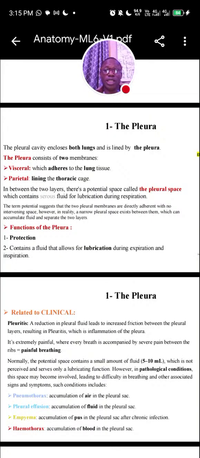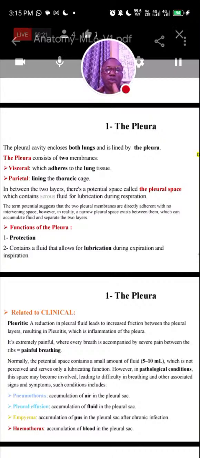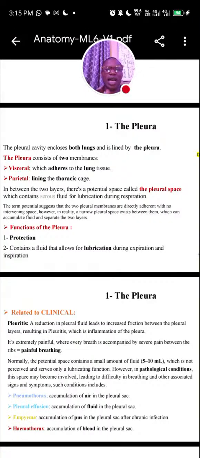Whereas the pleural space is the space between the parietal and the visceral layers. We said there is serous fluid in between the parietal and the visceral pleura.